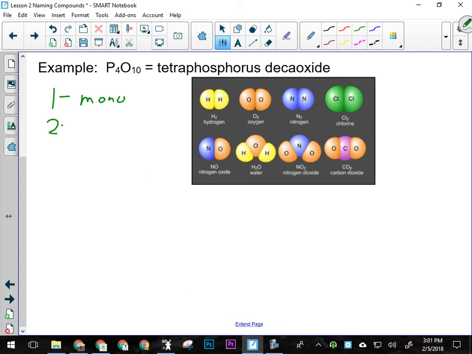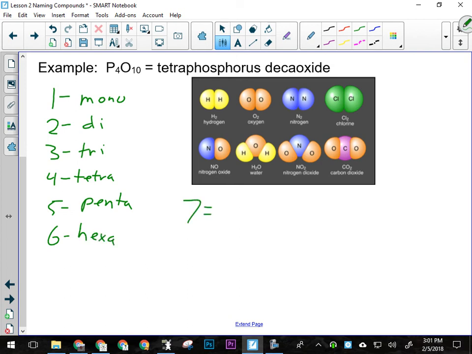One's mono, two is di, three is tri, four is tetra, five is penta, six is hexa, 7 is hepta.